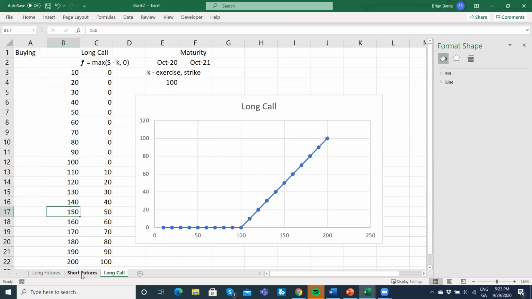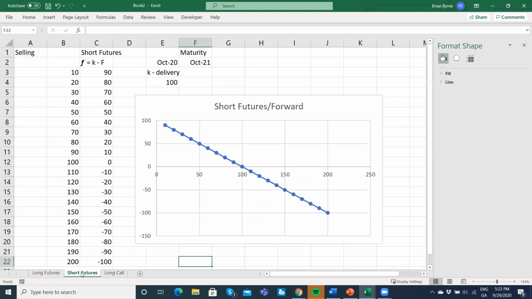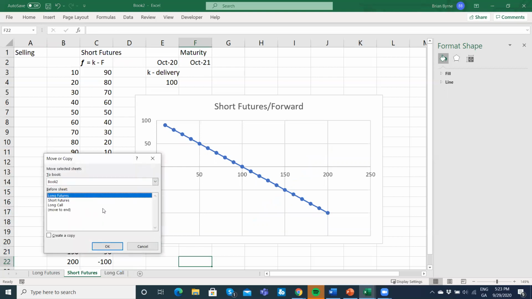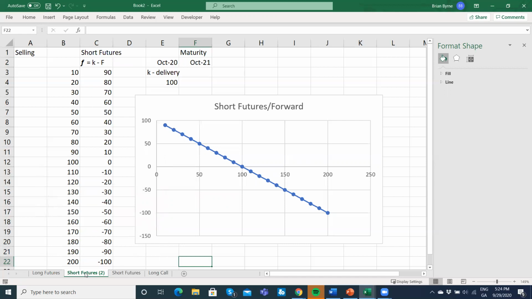Okay, what about the short? What about the put option? We could take the short futures and we'll move short futures. We'll create a copy, hit OK, and we'll say, in fact, I should have said link the short futures to long call, and we'll see long put, and we'll see why.